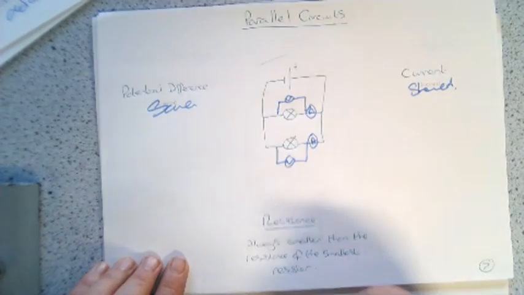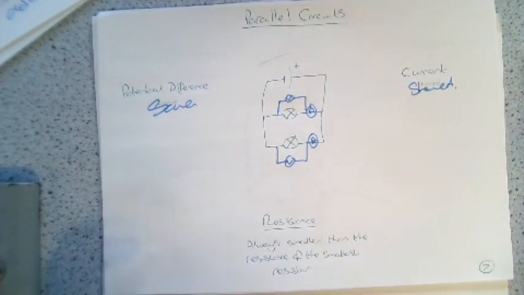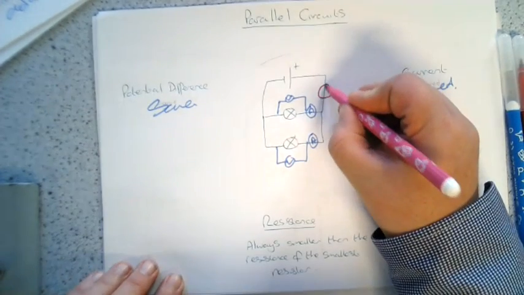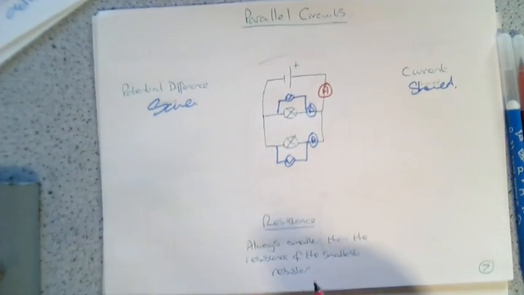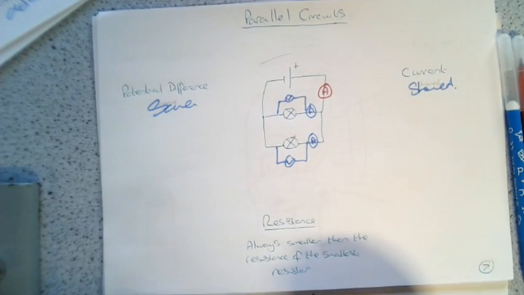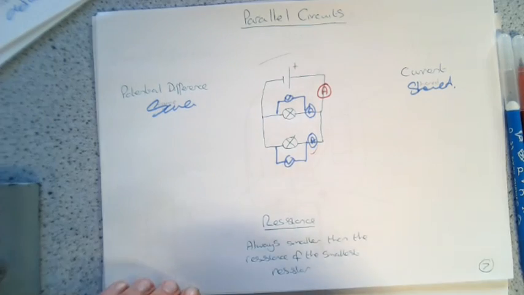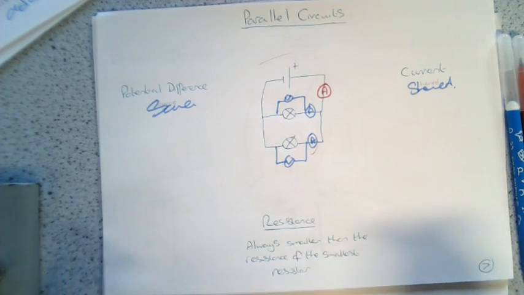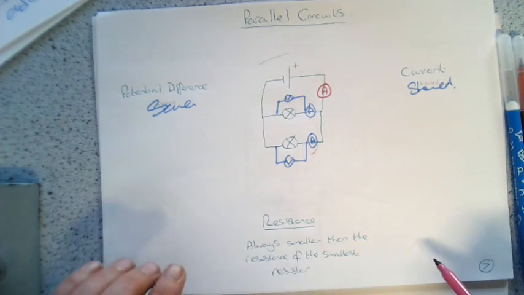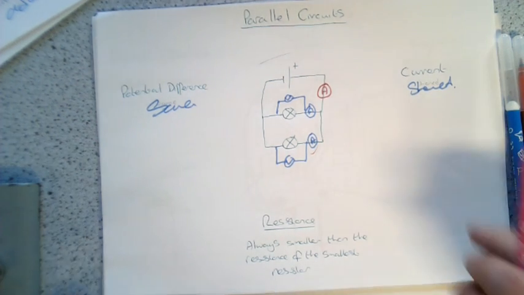So I put my ammeters like this. If I put my ammeter here, okay, I'm measuring the current in the whole circuit. So ammeters must go next to the device that you're going to measure. Remember this though, with your resistance, it's always smaller than the resistance of the smallest resistor in the circuit.